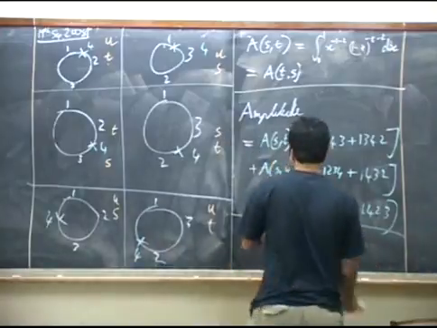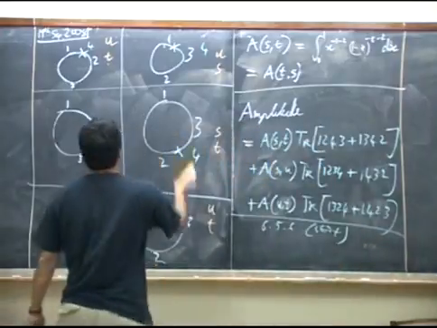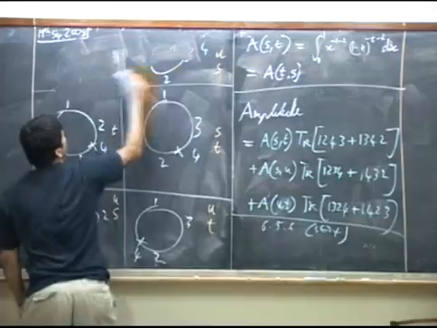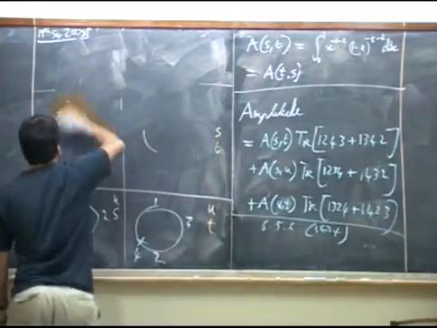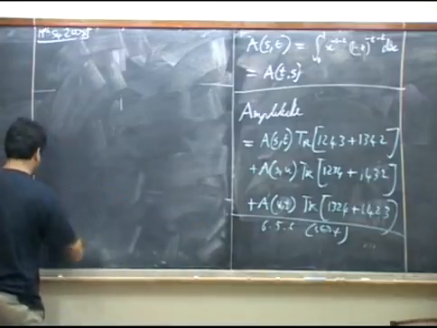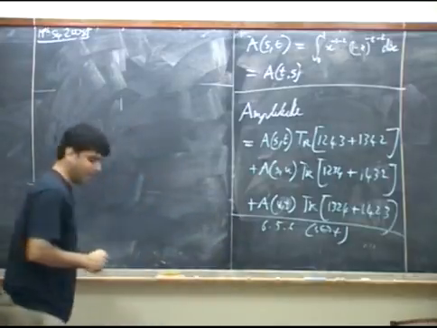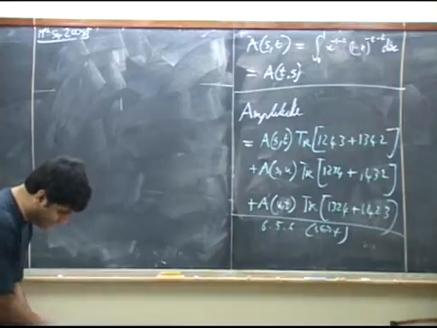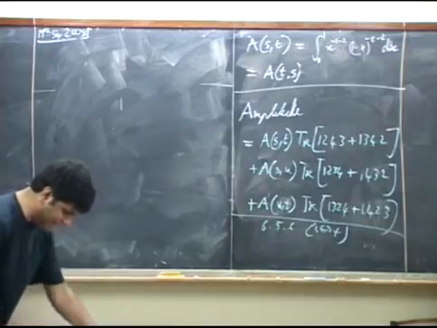Let's go on. The first thing we want to know is to understand what this AST business is. So AST is very simple. It's a simple thing to understand completely analytically.